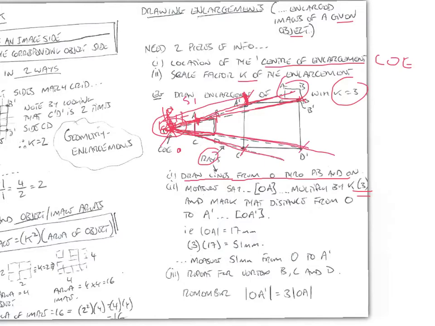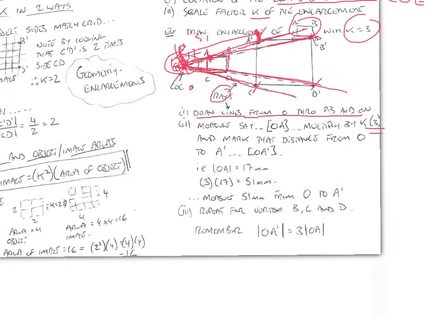And we can see from our original formula that it's important to remember that the length from the centre of enlargement to the image point A prime will be 3 times the length from the centre of enlargement to the object point A.